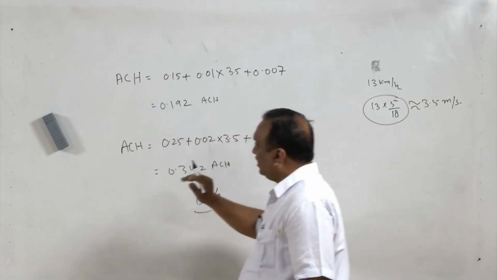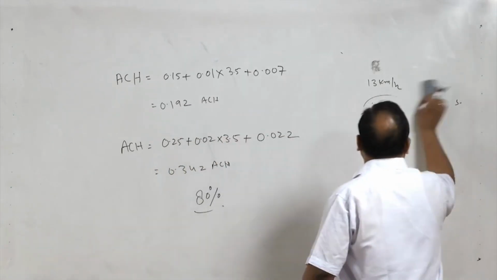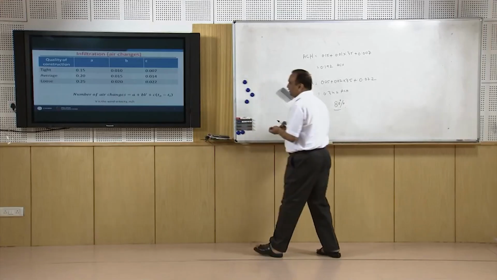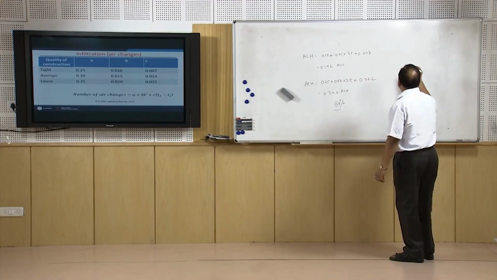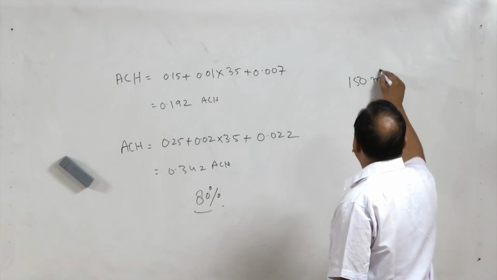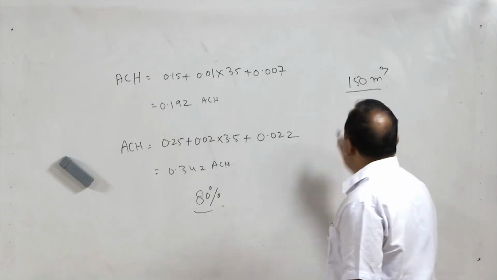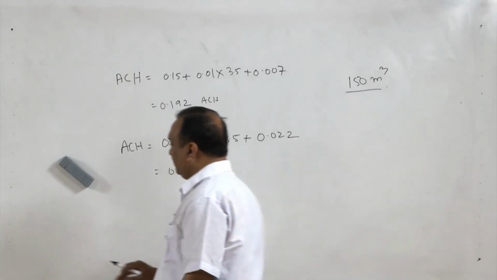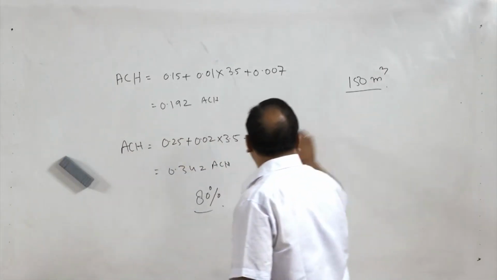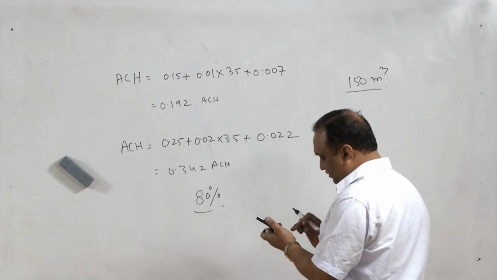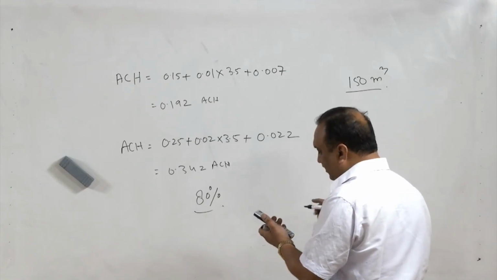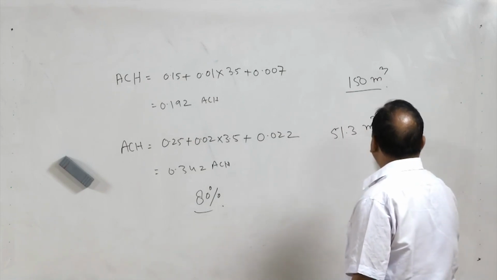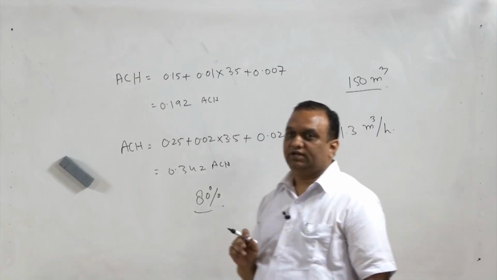Now suppose I have a house with an inside volume of, let us say, 150 meter cube. It is not on the very higher side. Suppose the building is loose, then air changes per hour is 0.342. So 0.342 multiplied by 150 will give 51.3 meter cube per hour of air circulation in the house.